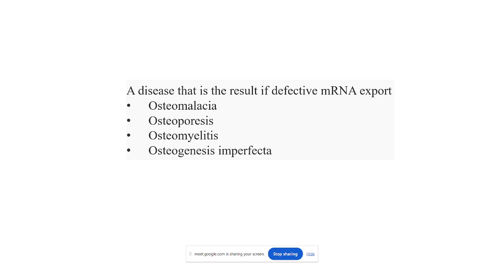This question we have just discussed, so it should not be very difficult for you to answer this question. Okay, so now I am switching the screen.